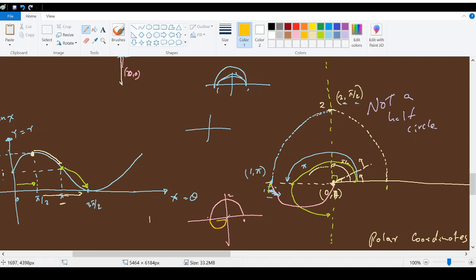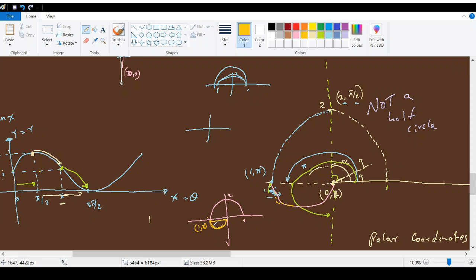So this will have a radius of 1, an angle pi, and for each and every point in here, will have a decreasing radius, right?